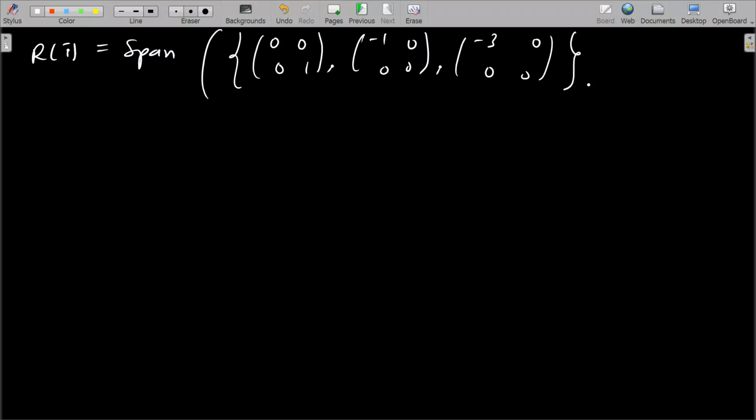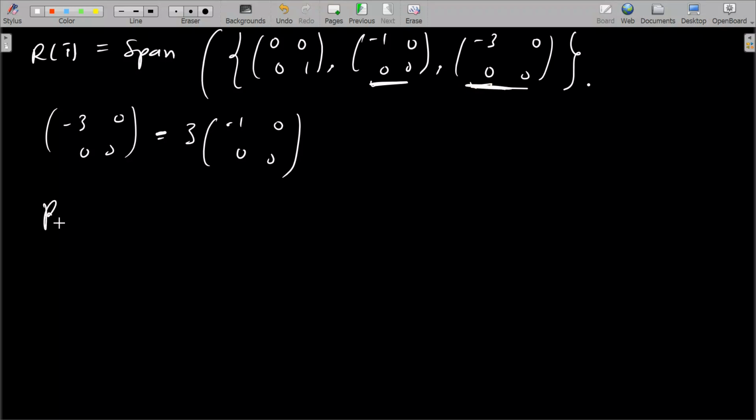But if you look at it very carefully, realize that this guy and this guy are similar. Notice that negative 3, 0, 0, 0 is actually equal to 3 times negative 1, 0, 0, 0. Right, so it means this last one is a scalar multiple of this one. So we can drop the last one, because it will give us duplication.